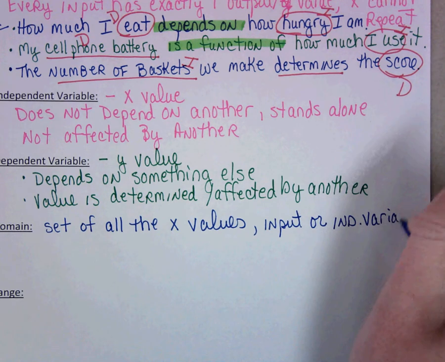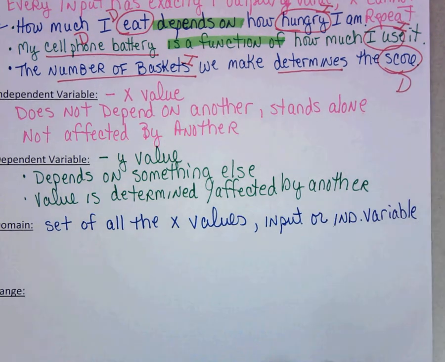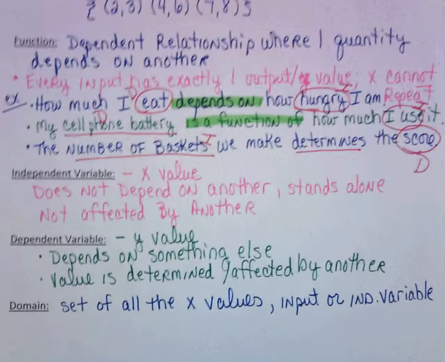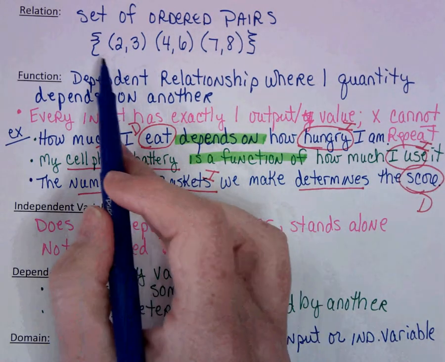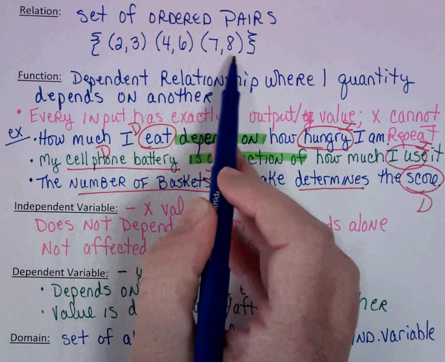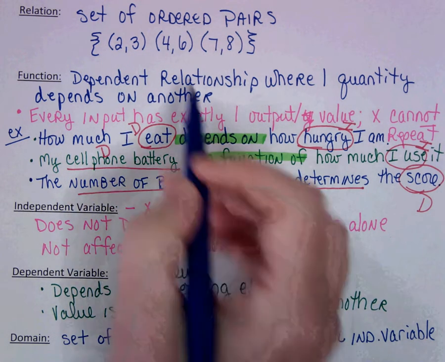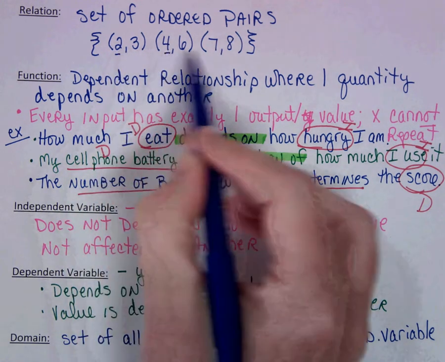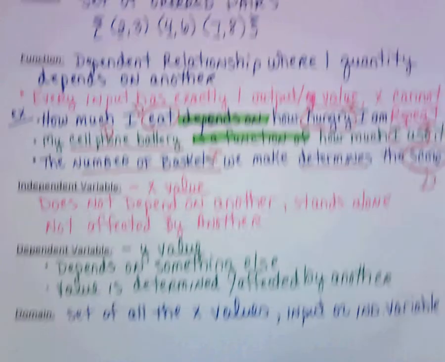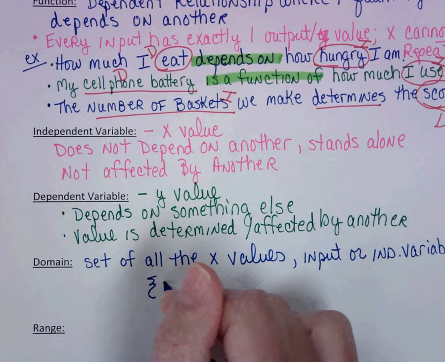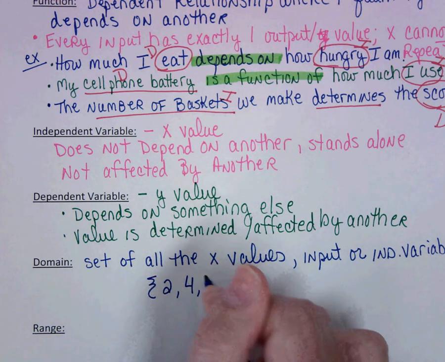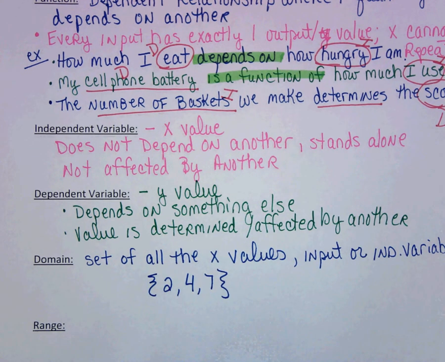Domain, input, independent variable, x values. If I wanted to list the domain of the relation I wrote up here, all I'm going to do is list the x values, 2, 4, and 7. In brackets, I would put 2, 4, and 7, and that would be my domain.